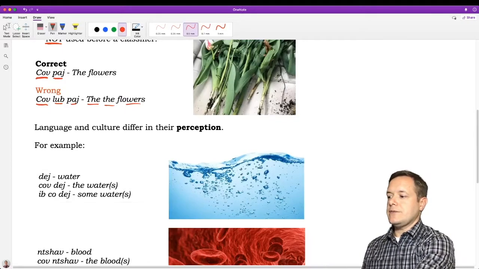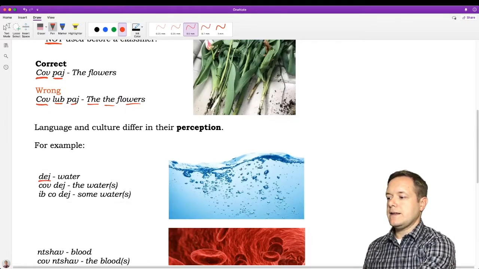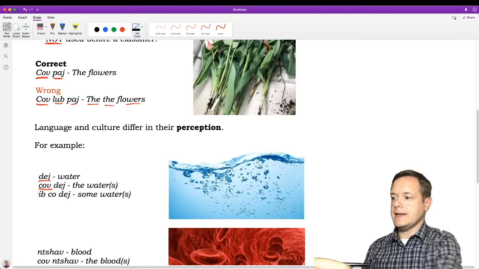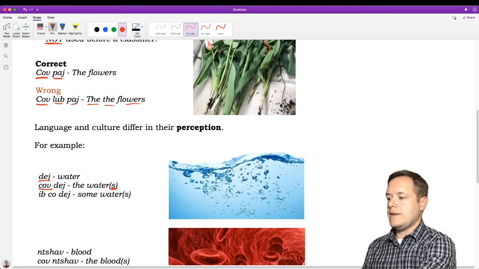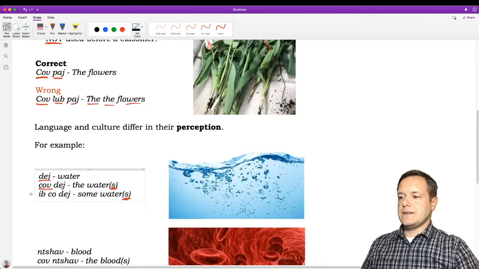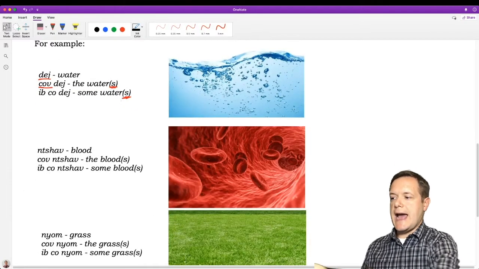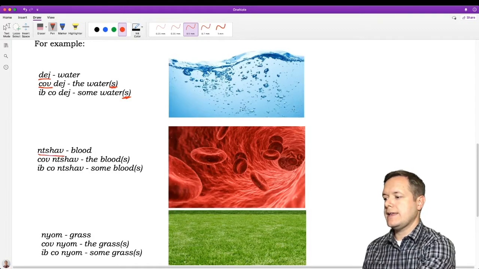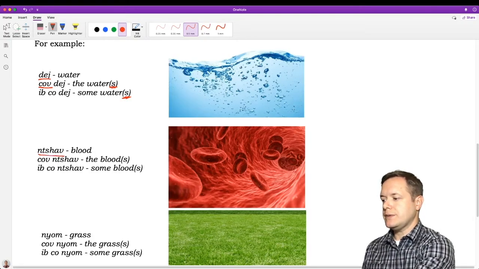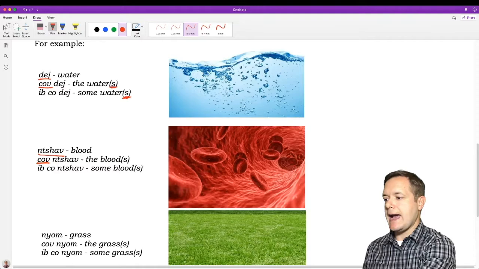So that's why you'll often find the word dej, water. You can use jaw dej before it, the water. And again, it's really like saying "the waters." Or ijo dej, some waters. Same with blood. Ntshav is blood. But we can pluralize it. We could say jaw ntshav, the bloods.